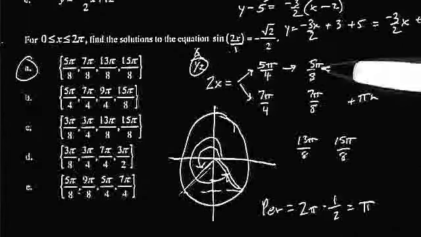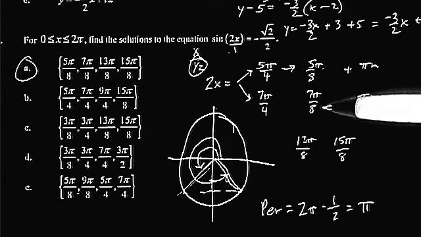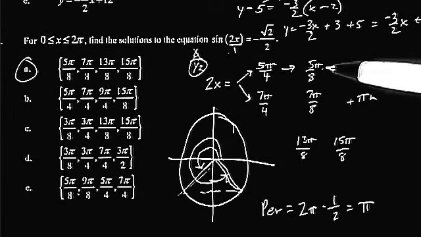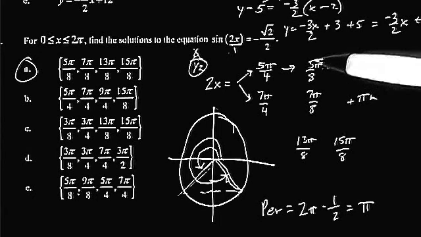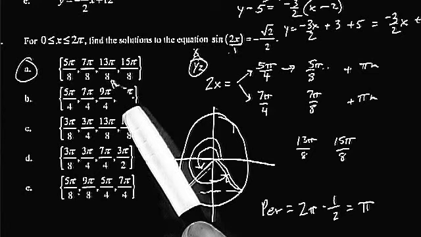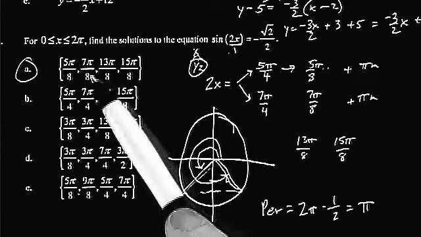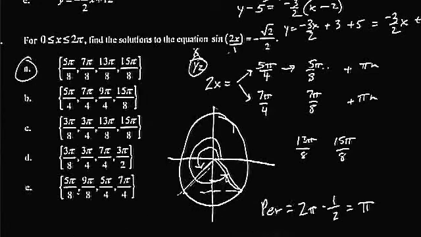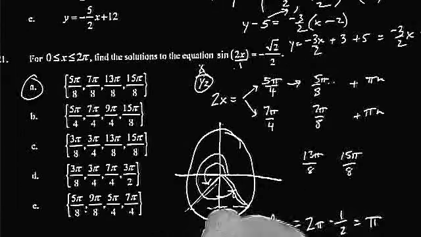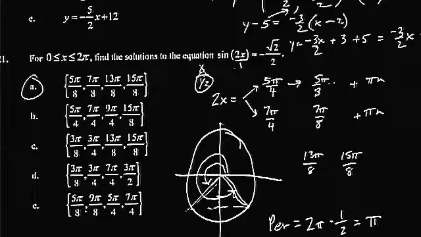In other words, I could take these two answers and add pi to them. If I add pi, that's 8 pi over 8 plus 5 pi over 8, which is 13 pi over 8. And if I add 8 pi over 8 to the other one, I get 15 pi over 8. So that's why the other two answers are there, still inside the period of 2 pi.